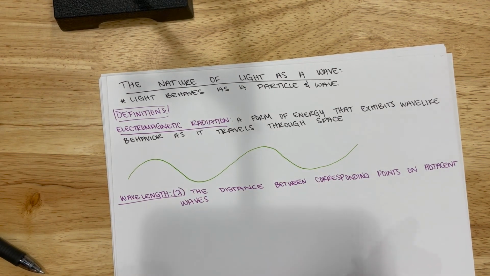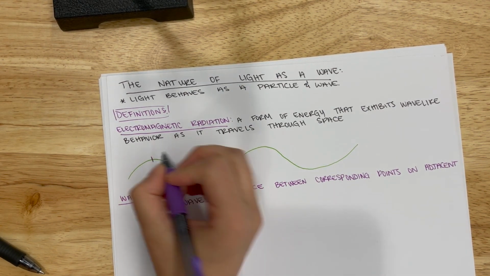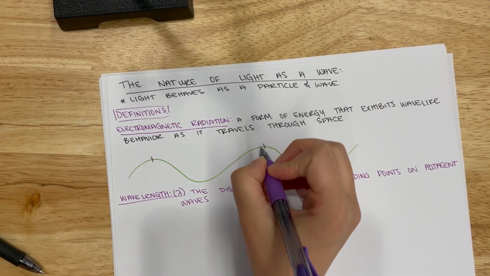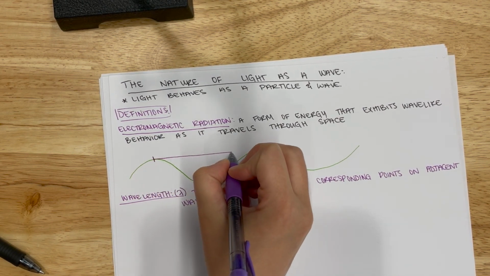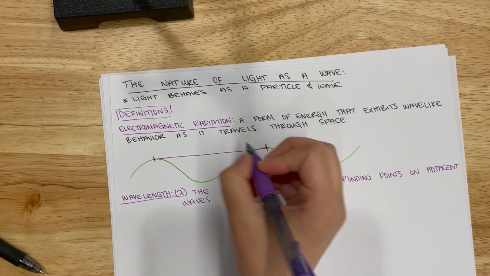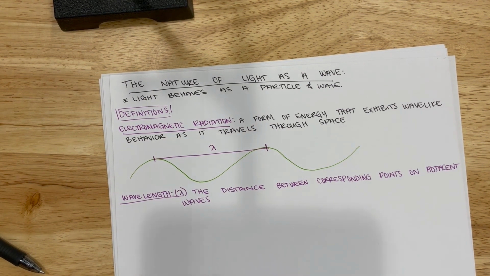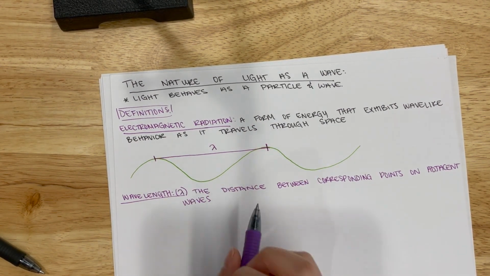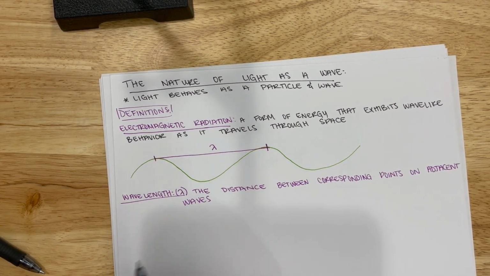So if we come up here to our transverse wave, here's an example of a crest. There's our next crest. So that is our wavelength, crest to crest. You can also go trough to trough.